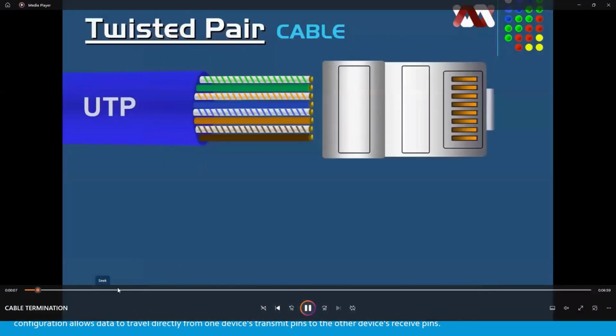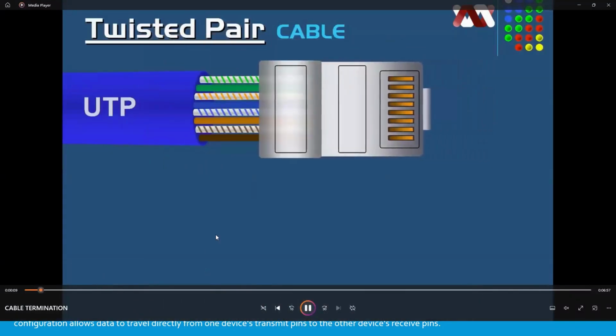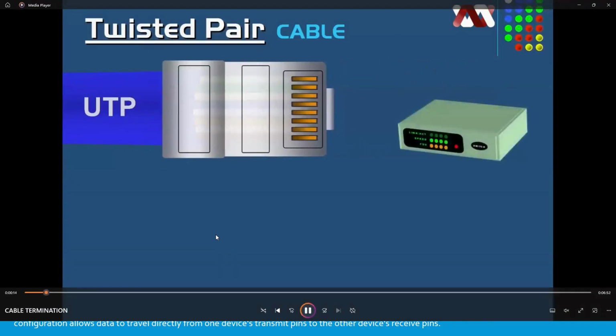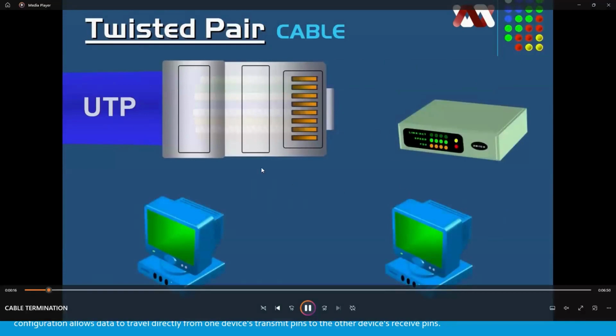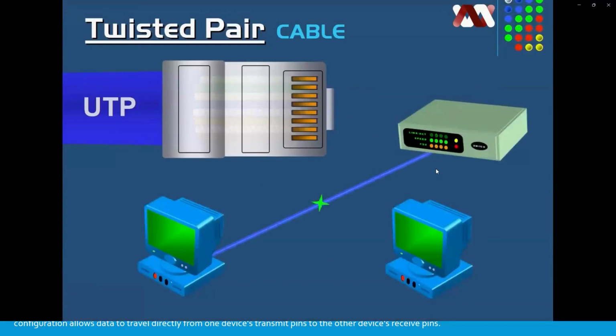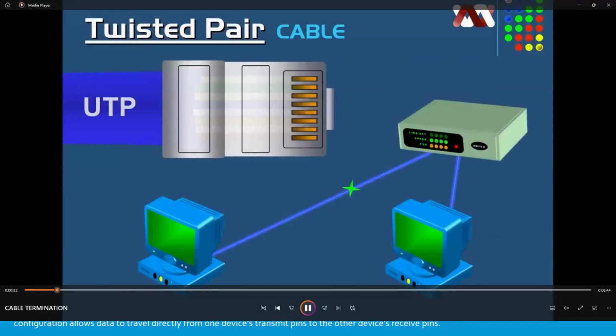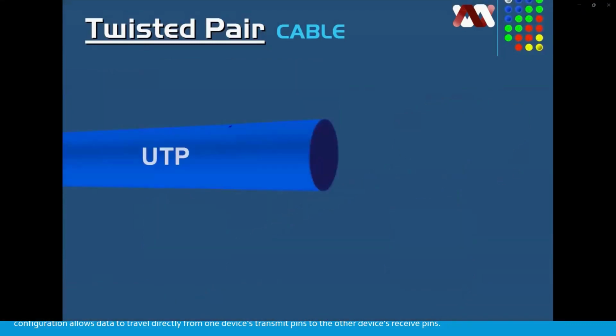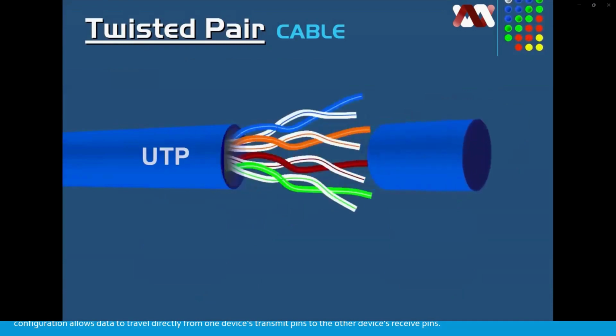So when we look at twisted pair termination, how does this termination happen? Let's just see the normal termination right now. How do you terminate your cable? You connect to the switch, right?